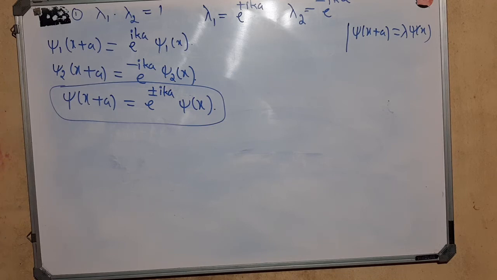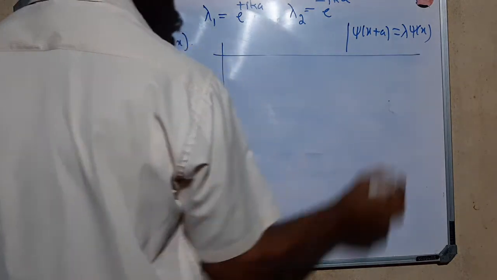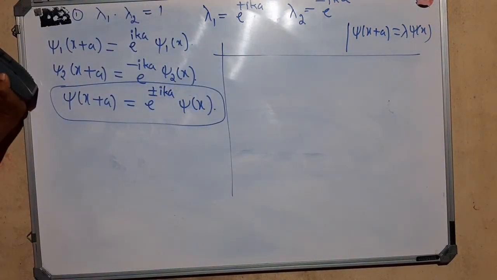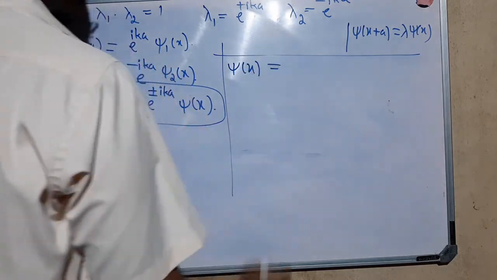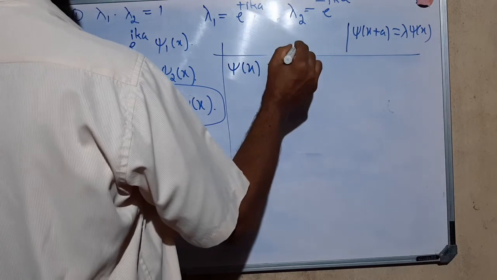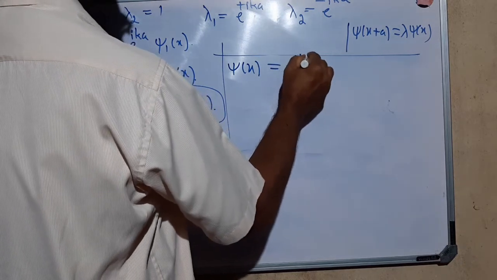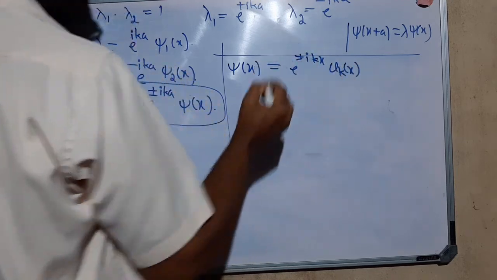But what Bloch stated, according to Bloch, the solution of the Schrodinger equation we have considered with the periodicity is ξ of x is equal to e to the power plus or minus i kx into uk of x.